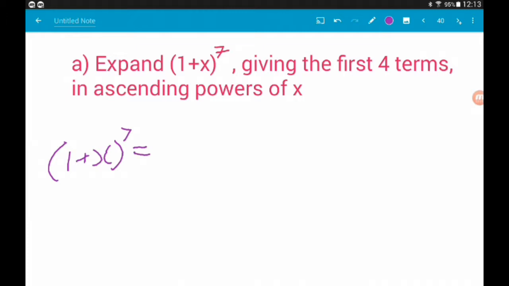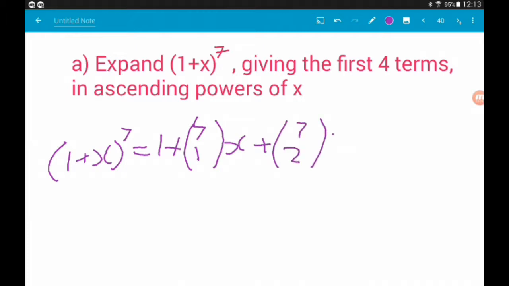Well, it's going to be 1 plus 7 choose 1 x plus 7 choose 2 x squared plus 7 choose 3 x cubed.